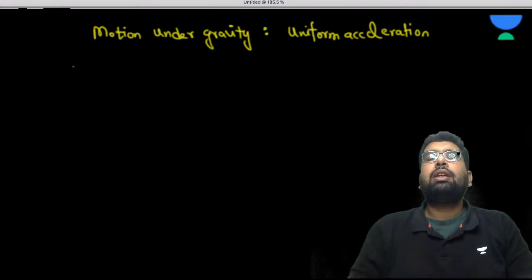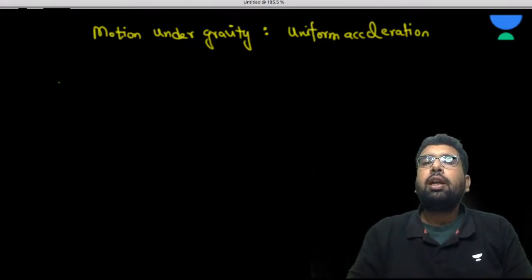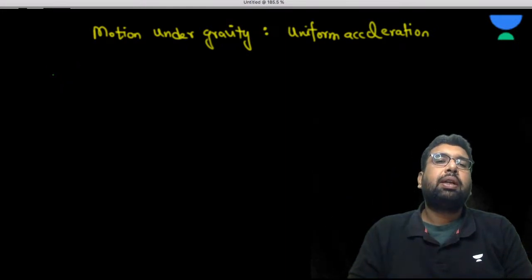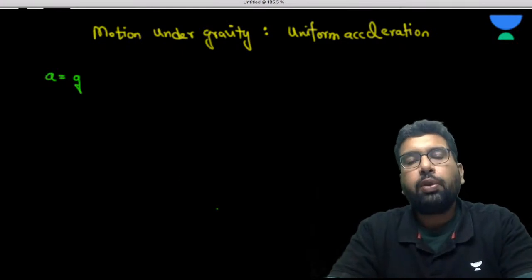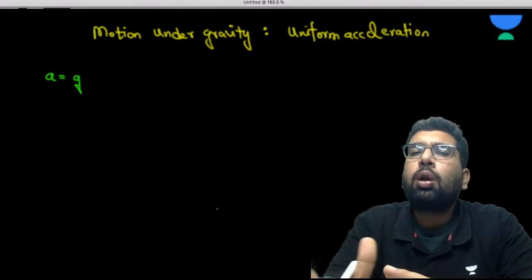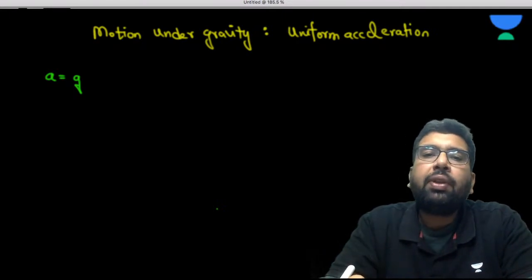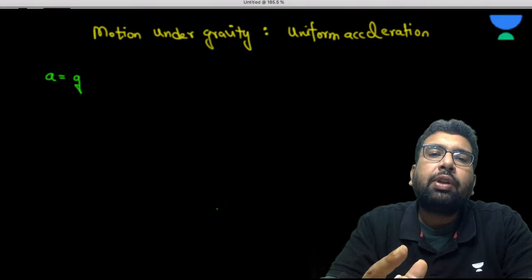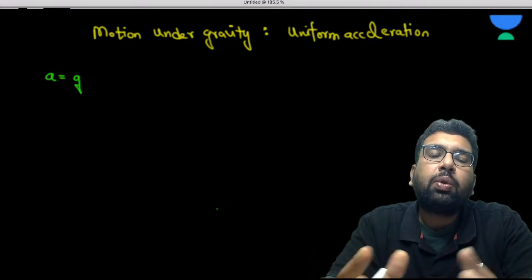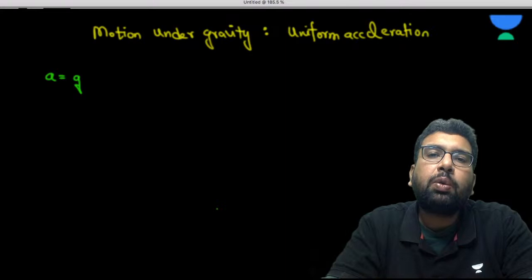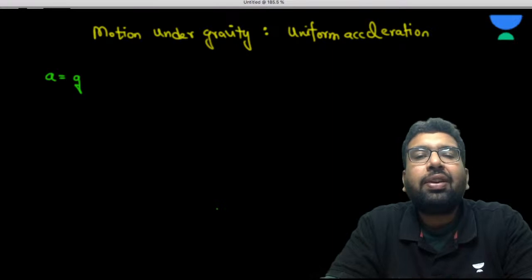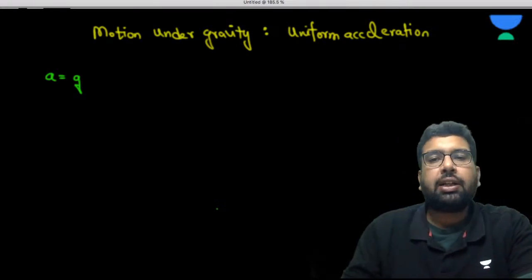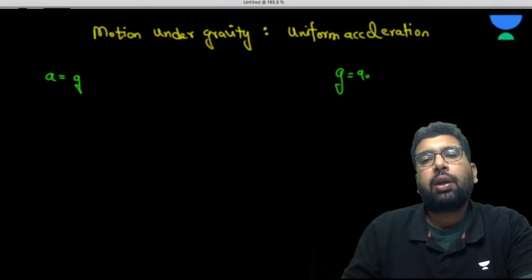Now, in this, what happens? You are going to use these equations only. The only difference that comes up here is A is equal to g. So we use these equations as in a normal case. The only difference comes when you are saying motion under gravity, that you are going to use the acceleration equal to the acceleration due to gravity, that is g, and we know that g in general is 9.81 meters per second squared.